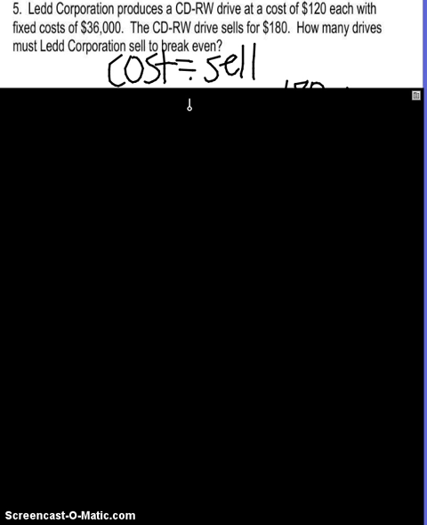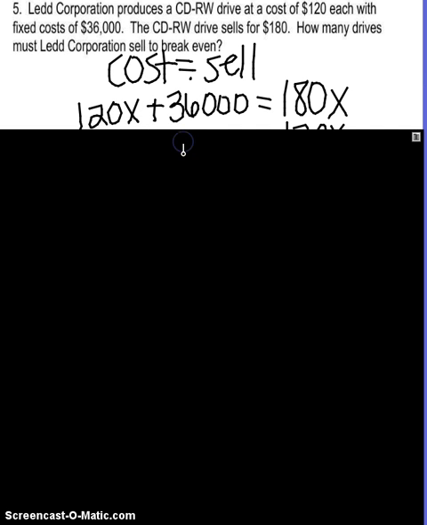So in order for me to come up with the equation, I should have the 120x plus 36,000 is equal to 180x. The 120x comes from the cost of each CD, and then it tells me I have a fixed cost of $36,000. So the cost is on the left-hand side, and then it tells me I'm going to sell them for $180 a piece.